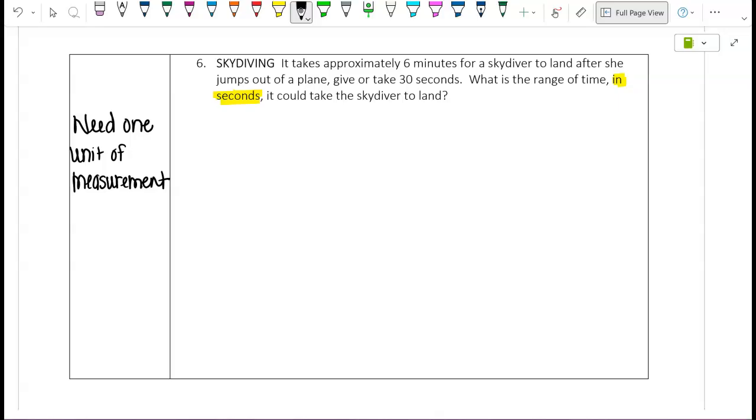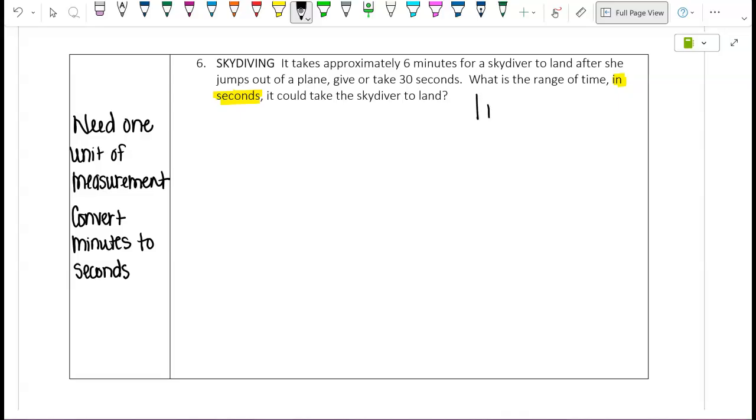So we're going to convert minutes to seconds. So you do have to pay attention in word problems if they're not in the same unit of measurement and look for what are they asking.